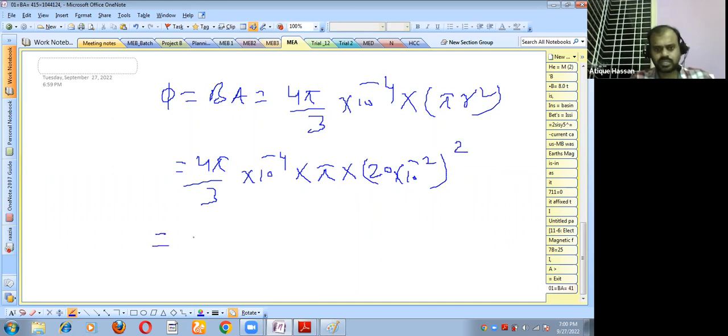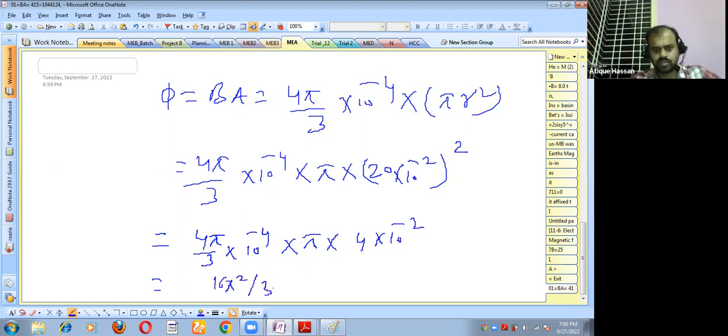So we will get 4 pi by 3 into 10 to the power minus 4 into pi into 4 into 10 to the power minus 2, which is 16 pi square by 3 into 10 to the power minus 6.